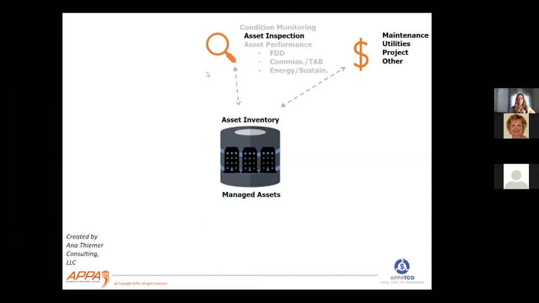Asset inspection. When you're looking at a new building, there's not an inspection that you're doing of that new building. You may not have it built yet. But what's needed from the asset inspection part of the principle for APPA TCO is the system name, right? So we've got that with our managed asset.